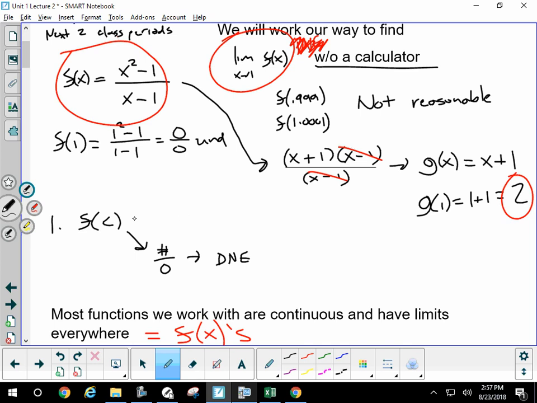If you get 0 over 0, your limit exists, you need to simplify. And you're going to continue to simplify until you can plug in the value and you find g of c, which equals a number, not 0 over 0.